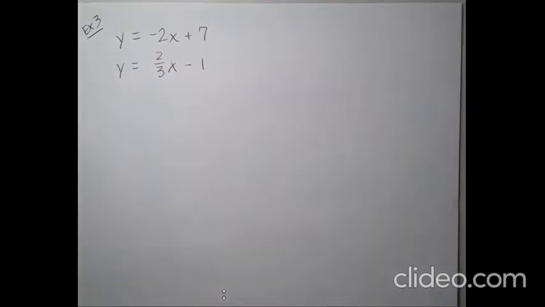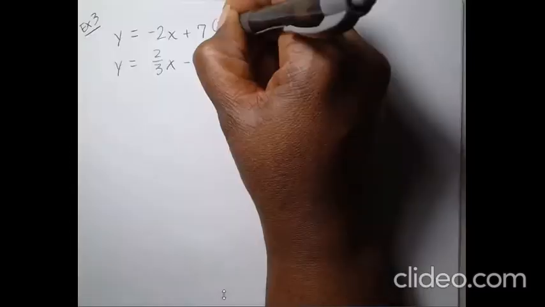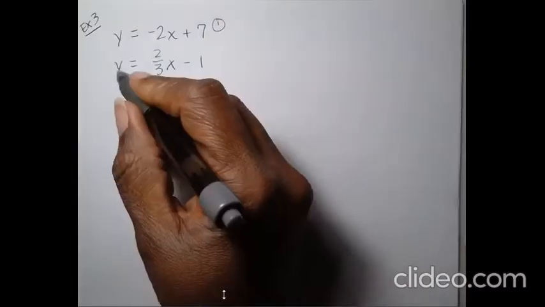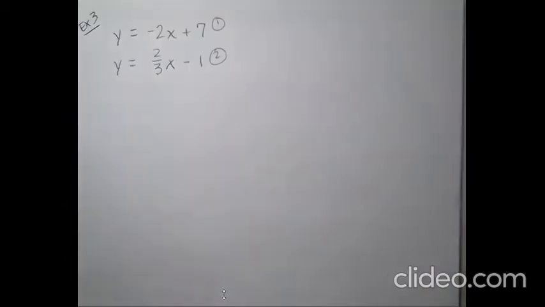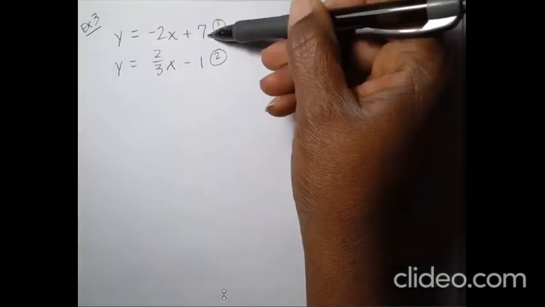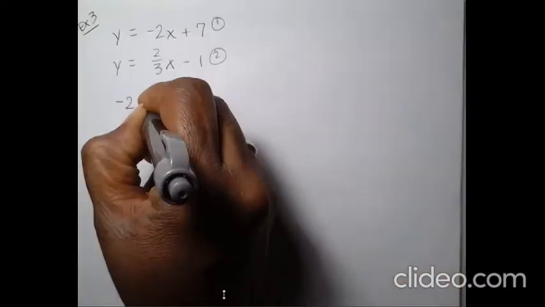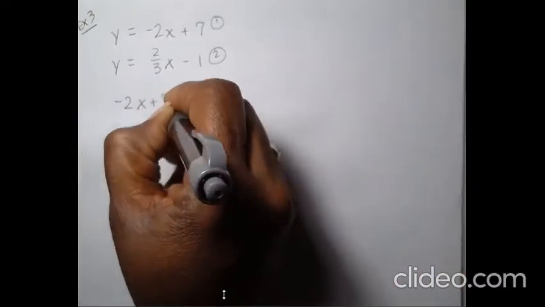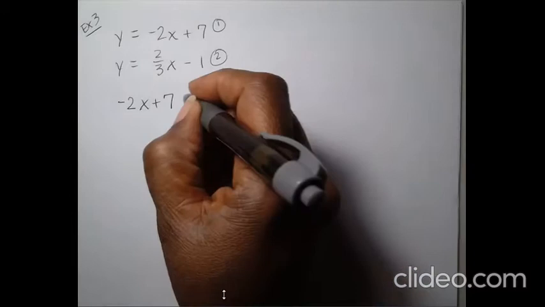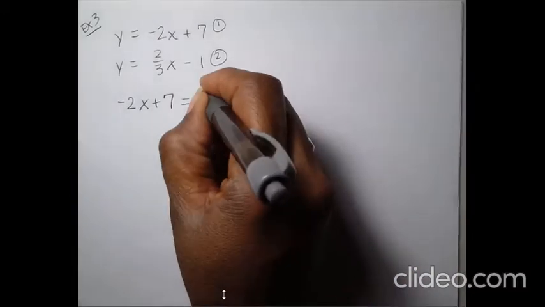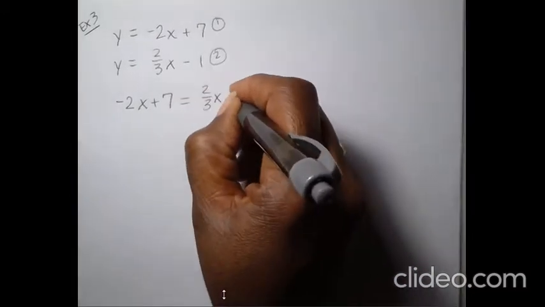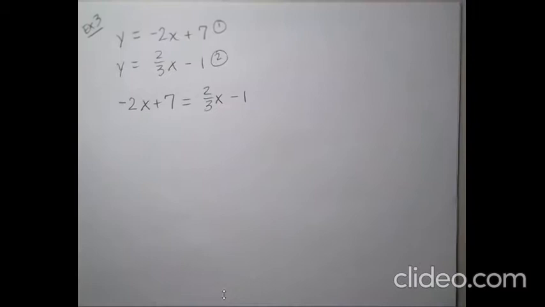If y equals negative 2x plus 7, and y equals 2/3 x minus 1, that means negative 2x plus 7 equals 2/3 x minus 1. So let's set it up that way. Both of these equal y, so they equal each other. And then we can solve the equation.